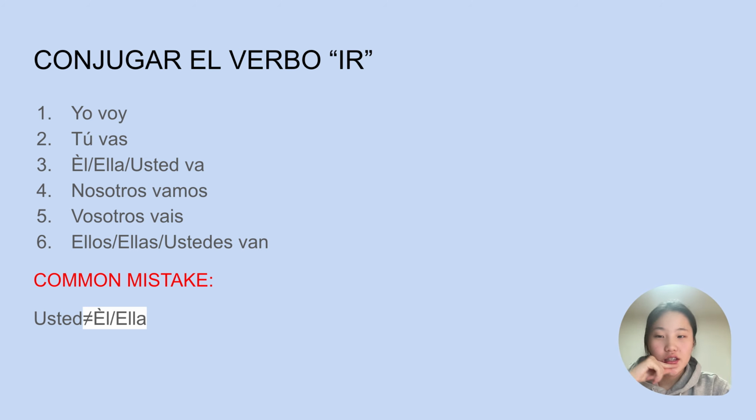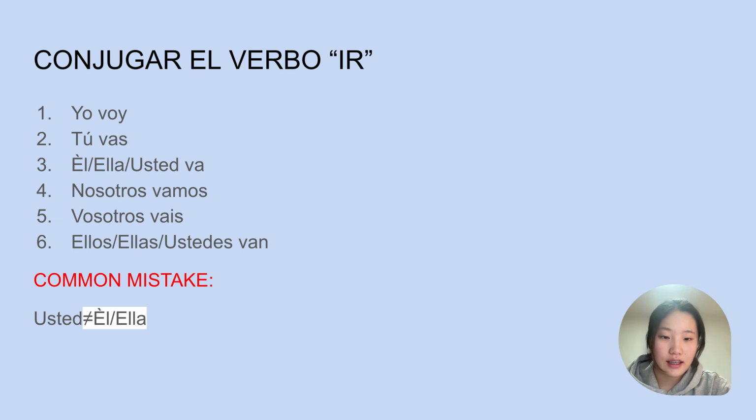Okay, next slide is conjugar el verbo ir, which translates to go. So first is yo voy, which is I'm going in present tense. Yo voy. Then second is tú vas. Tú vas. Whenever conjugating a verb, it'll be really helpful if you guys on the other side of the screen are just repeating it aloud, because foreign language is all about communicating and talking aloud and saying things really often.